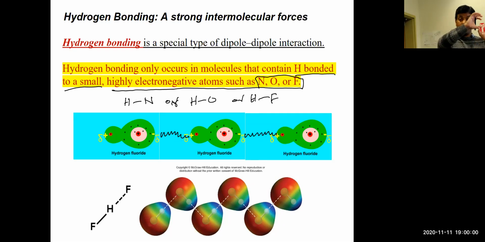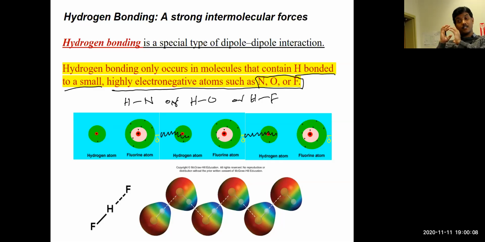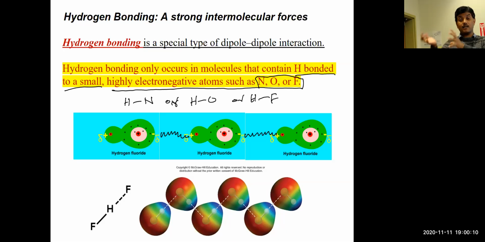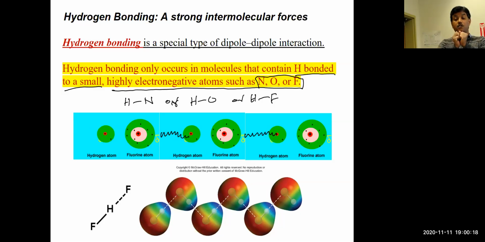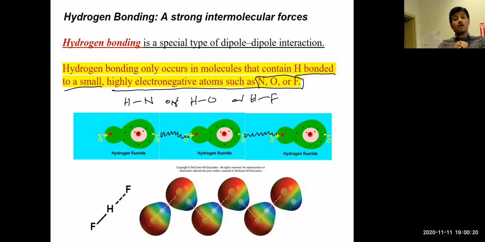As a result, nitrogen, oxygen, or fluorine will take the electron cloud away from the hydrogen in that bond. This creates a huge negative charge on one side and a huge positive charge on the other, so these negatively and positively charged particles attract each other strongly. As a result, it almost creates a semi-bond, which we call a hydrogen bond in chemistry.